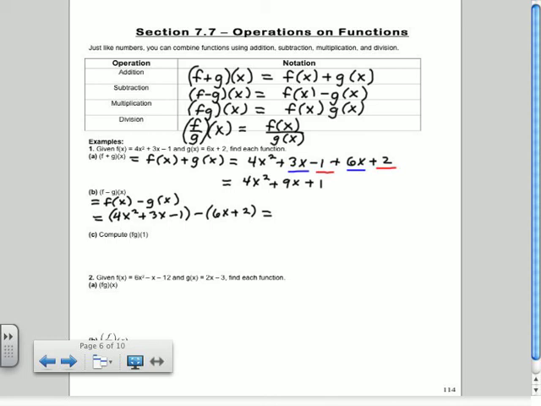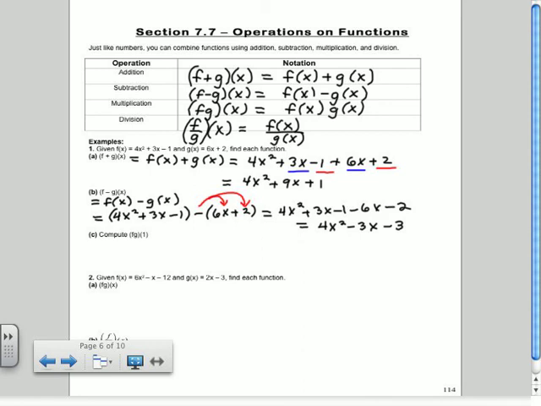So you need to subtract out the whole second function. So in other words, you need to distribute the negative. So change the signs of the second. So you'll have minus 6x minus 2. So when you combine, you get 4x squared minus 3x minus 3. So did you guys get that?